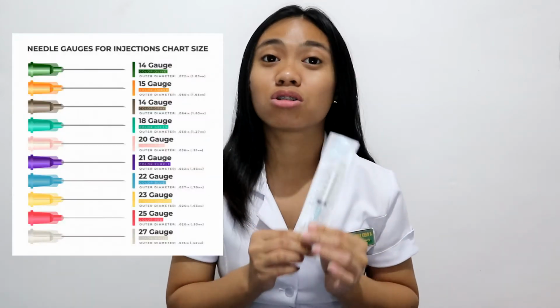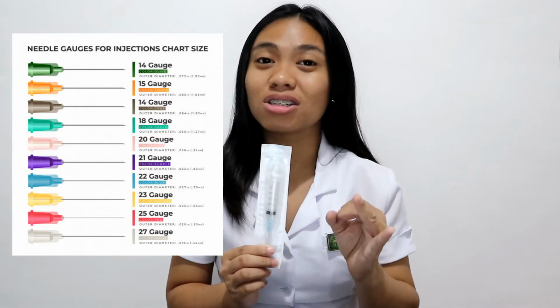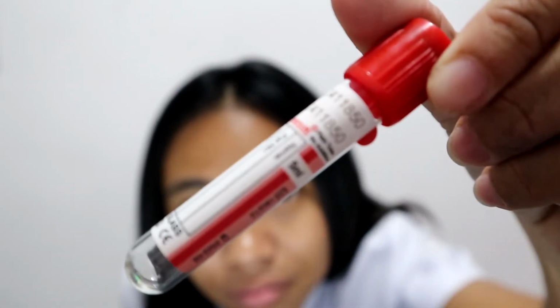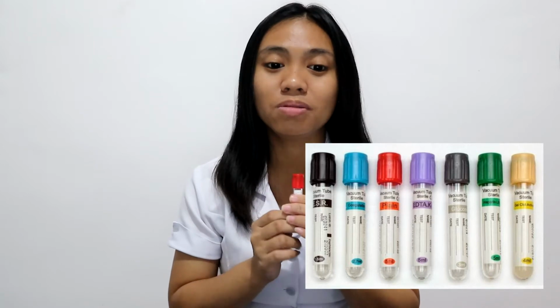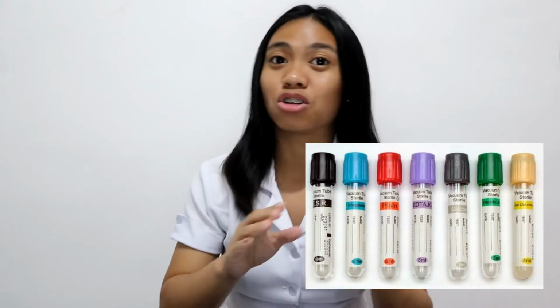Next is a needle, which will of course collect the blood from the veins. Note that there is a wide range of needles, from needle type to gauge size and volume. Here I have a 5 ml, gauge 23 syringe. Next is a tube. This tube is where we will deposit the extracted blood. Again, note that there are different types of tubes in the laboratory setting, but that is another story.